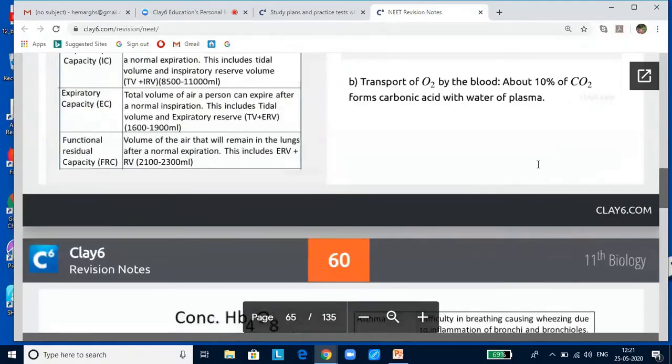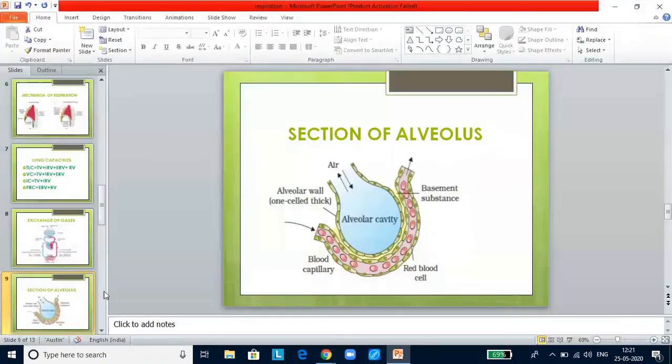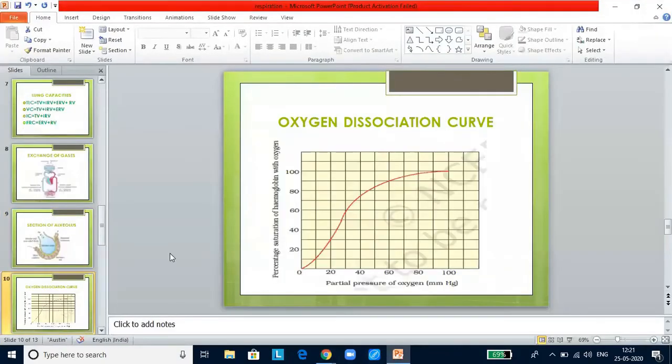Now let us look into oxygen transport. Blood transports oxygen from the respiratory organs to the tissue cells and also transports carbon dioxide from the tissue cells to the respiratory membrane. 98.5% of oxygen is transported by blood with the help of the respiratory pigment hemoglobin present in erythrocytes.